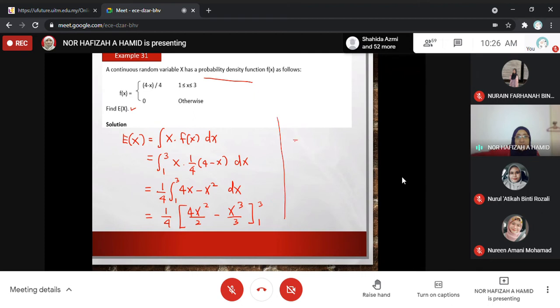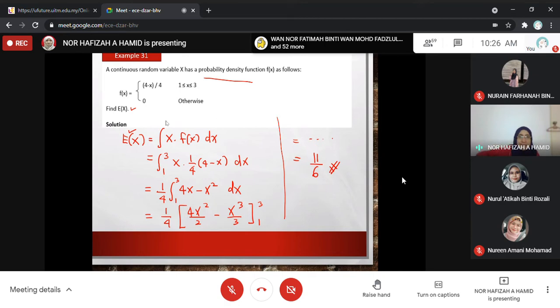Okay, so nanti you substitute value lah. You substitute the upper and lower limit and you get the answer is equal to 11 over 6. Okay, so ini formula for the probability density function on how to calculate expected value. Okay, so you ada dua lah formula for expected. Satu untuk continuous, another one for discrete.